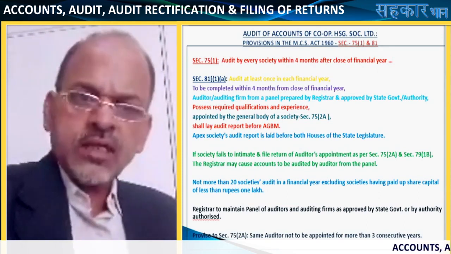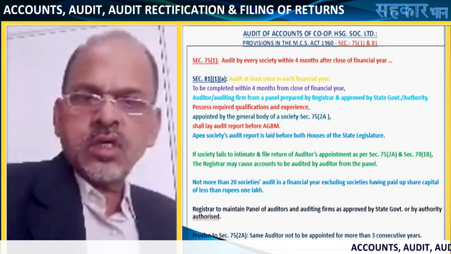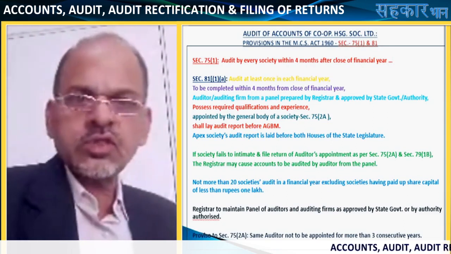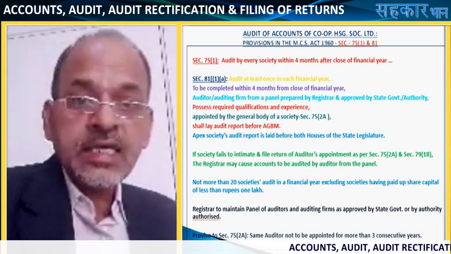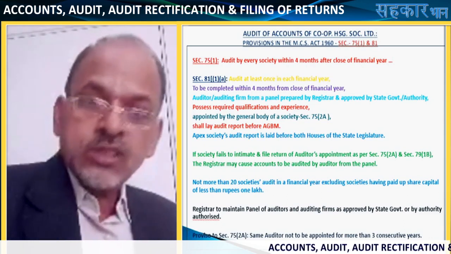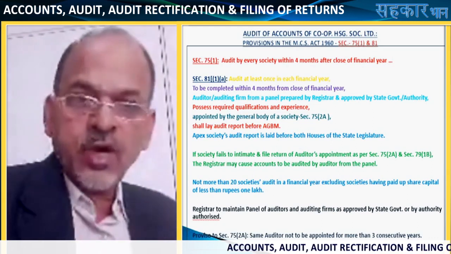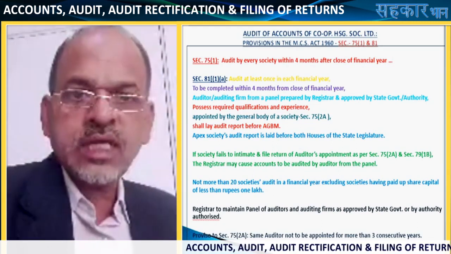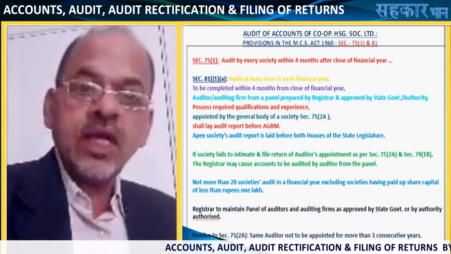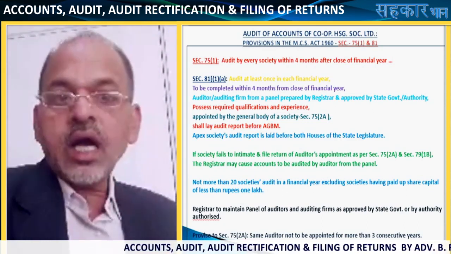That facility is also made available to cooperative societies, cooperative housing societies, etc. You can file this return online within 30 days of the annual general body meeting in which the statutory auditor has been appointed. And if you fail to intimate the registrar, then the registrar will appoint an auditor, and the registrar will cause the accounts of your society to be audited.